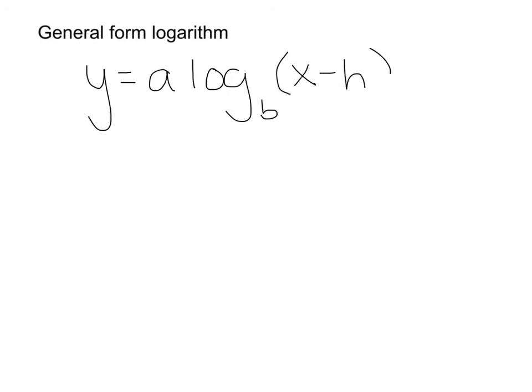Now we're going to move on into graphing logarithmic functions. So the general form is y equals a times the log base b of x minus h plus k. Just like normal, a is going to vertically stretch it, vertically compress it, or reflect it across our x-axis.